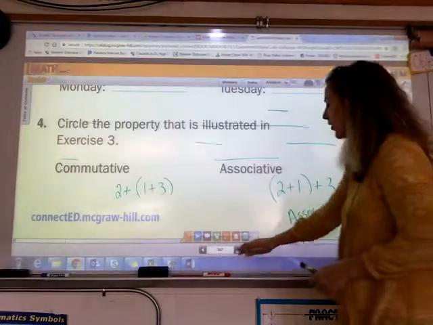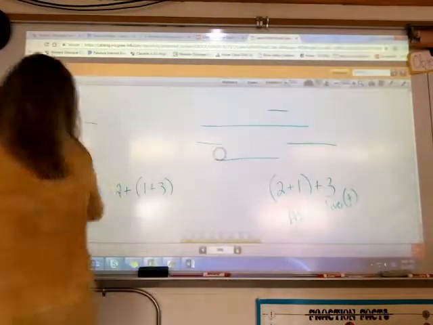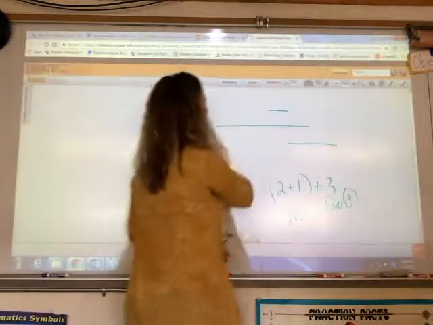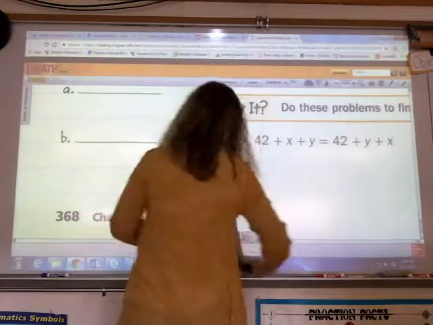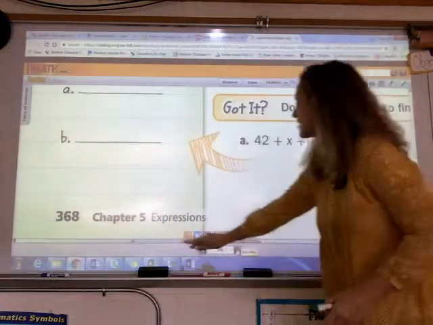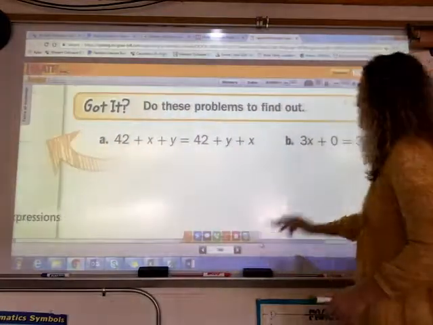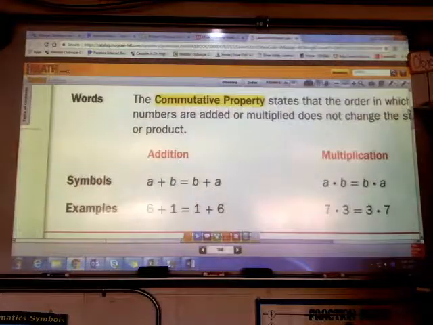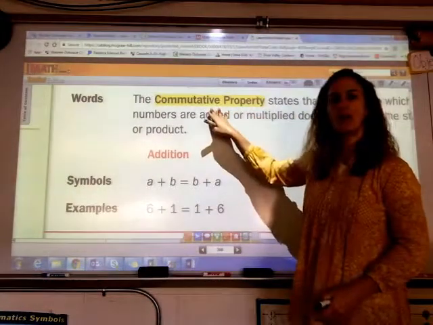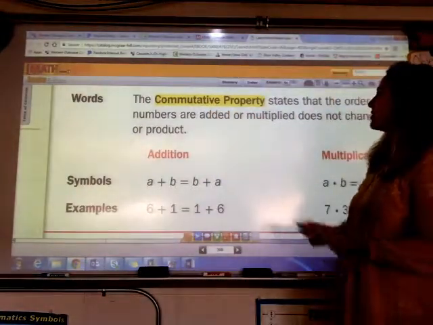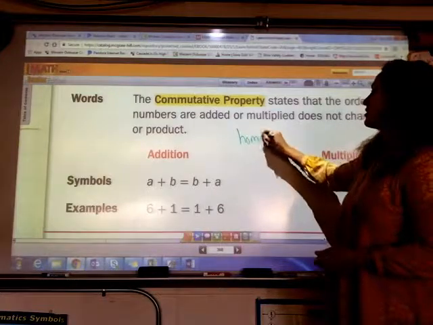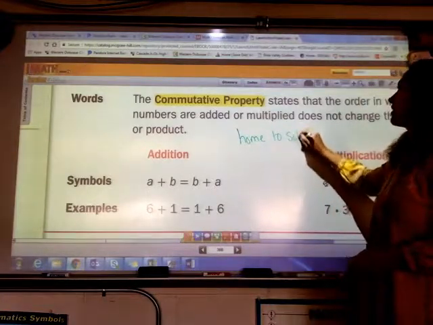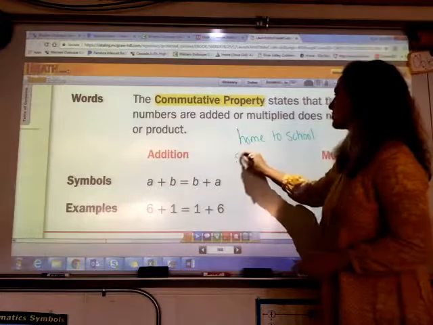We're going to go ahead and take a look at page 368. On this page, you're going to notice that they have a lot more properties that we are going to be working with. What I would like you to do is direct your attention to the top of 368. Please take note that they have your commutative property here. When you're thinking commutative, you're thinking of a home to school and then a school to home situation.